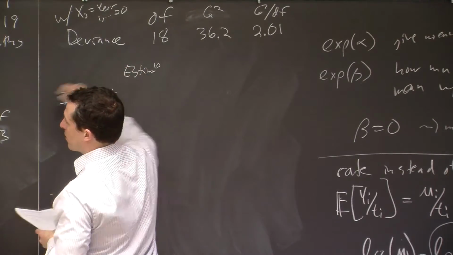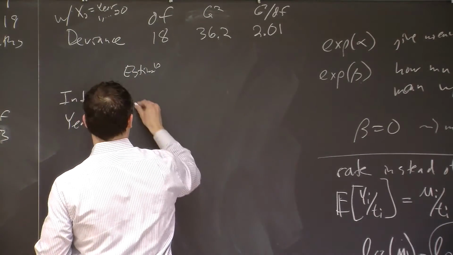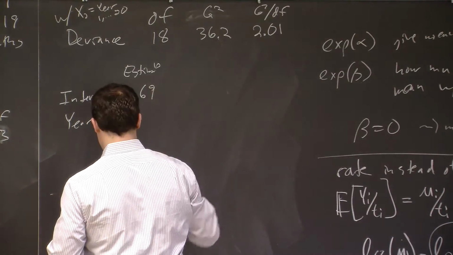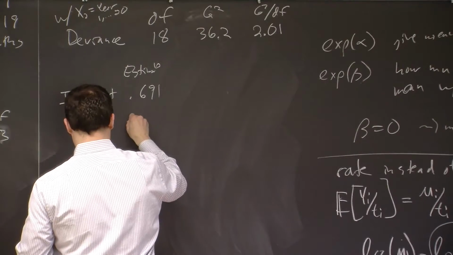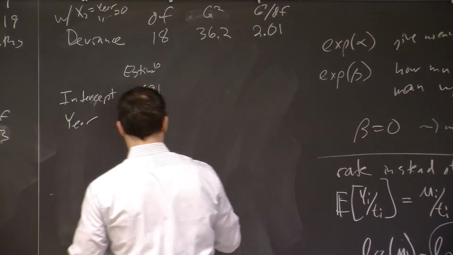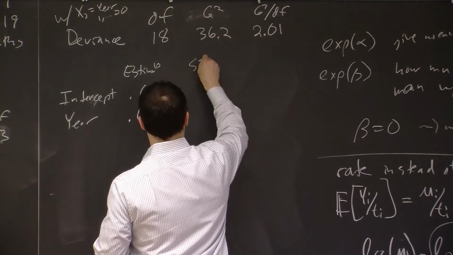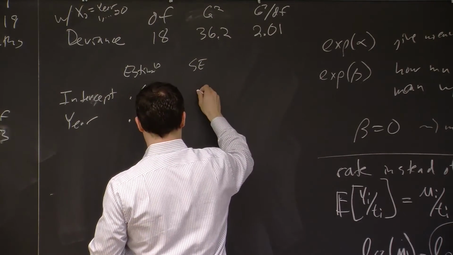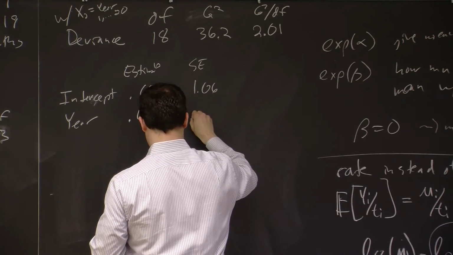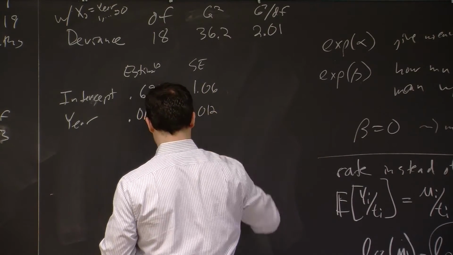So the estimate over here was 2.28. This estimate will now be 0.69. And the estimate for year will be 0.188. And the standard error for this one will be 1.06, and the standard error here will be 0.012.